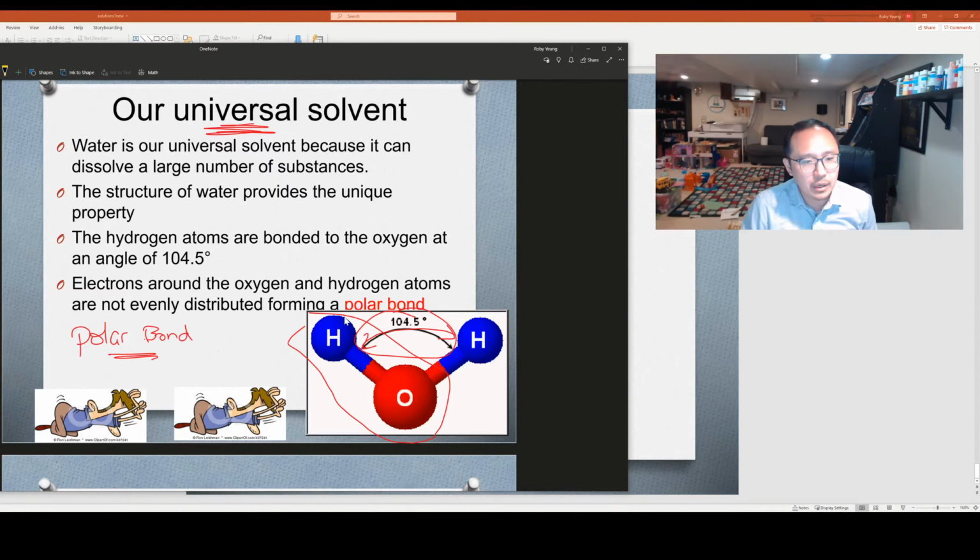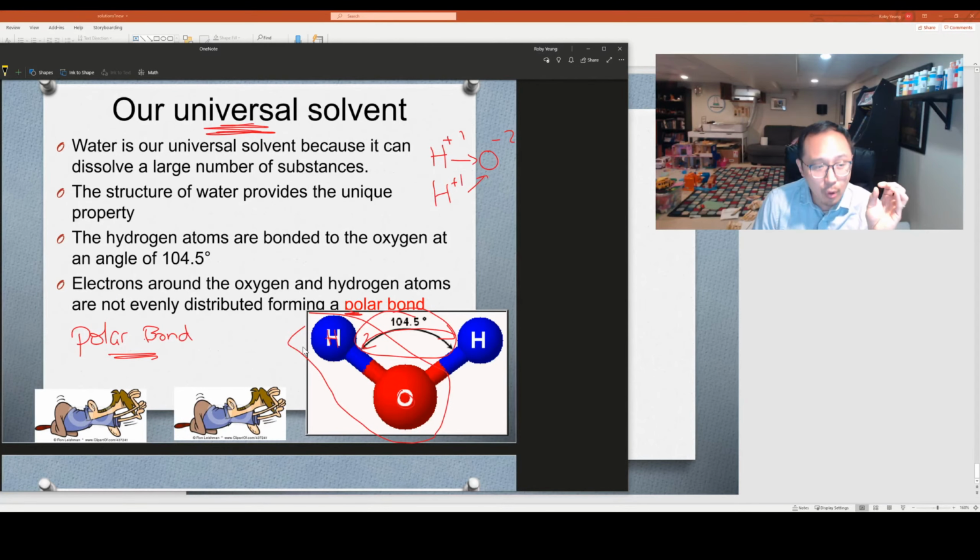When this hydrogen and oxygen are bonded, you know that H has a +1 charge and O has a -2. That's why you need two H's to bond with one oxygen. That's the combination. It's all about balancing the electrons.